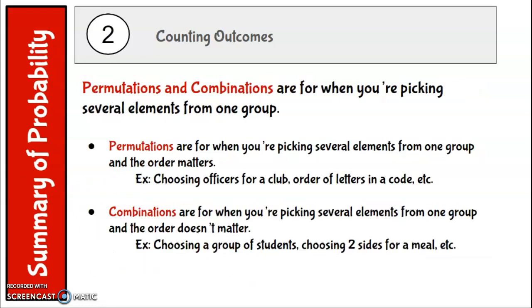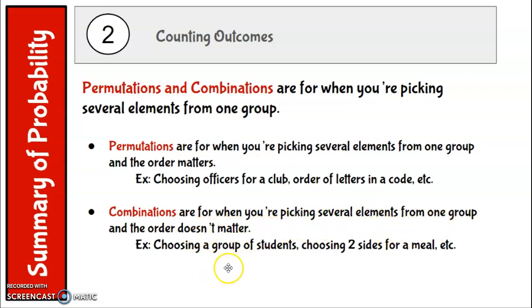Permutations and combinations are for when you're picking several items from one group. Permutations are when the order matters, for example, if you're choosing officers from a club or the order of letters in a code. Combinations are for when the order doesn't matter.